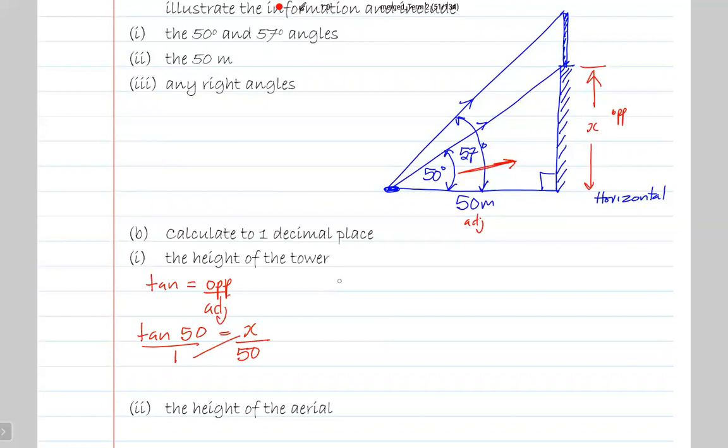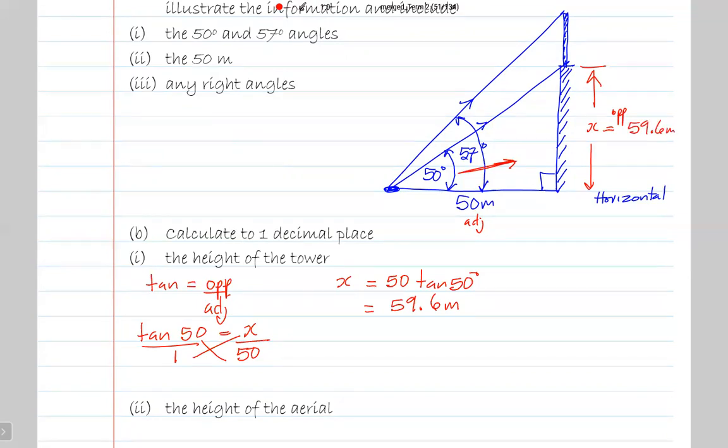So 1 times X is X, equal to 50 times the tangent of 50. I'll put that in my calculator and press equal. And this is equal to 59.6 meters. And so the height of the tower is 59.6 meters. So that's this distance here.